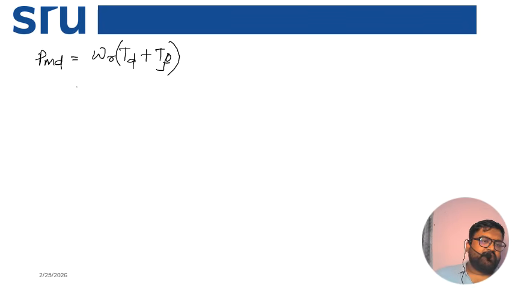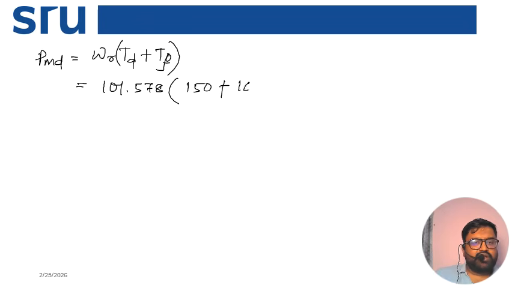Omega R we calculated as 101.578, into TD. TD is 150 Newton meter plus TF is 10. The total value will come like this.